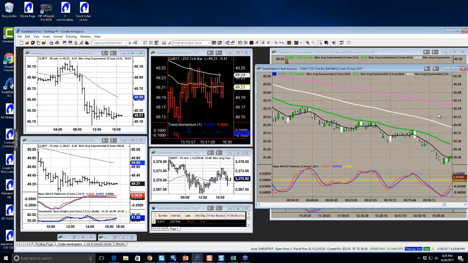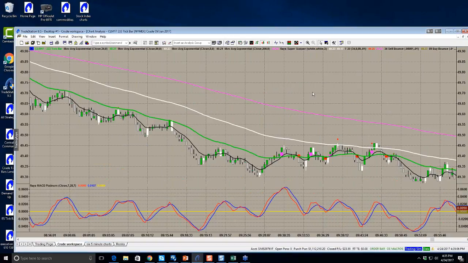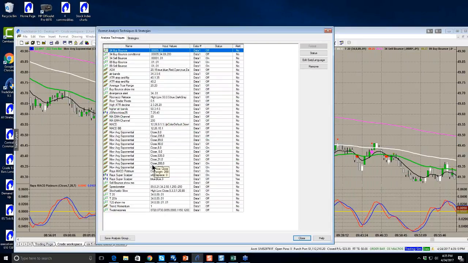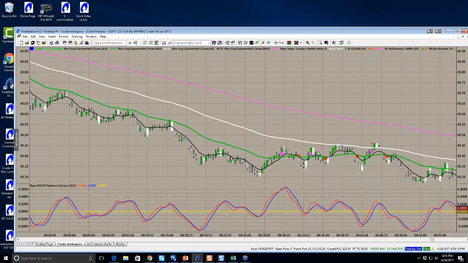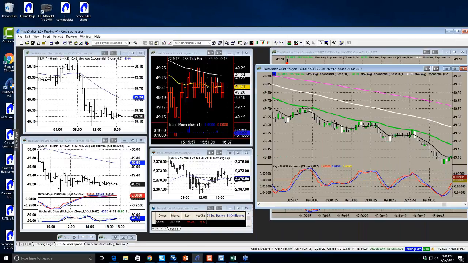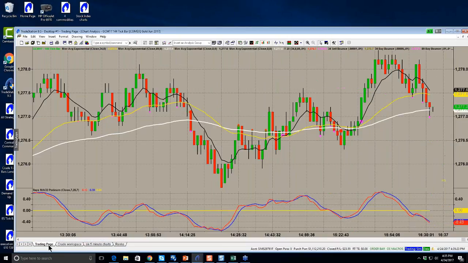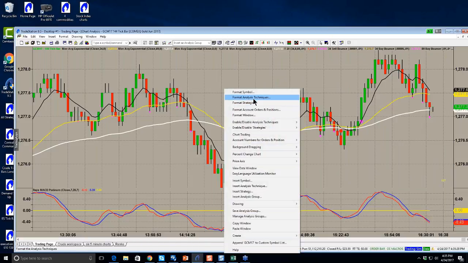The other indicator that we're going to use, let me go ahead and put in this, is a stochastic. Let me switch to gold as an example.